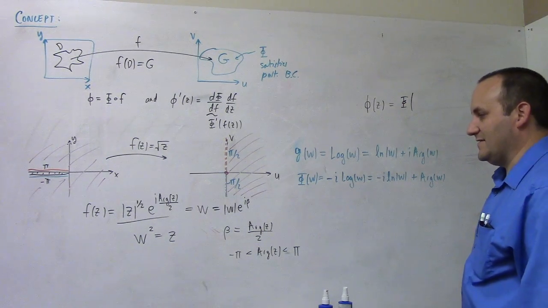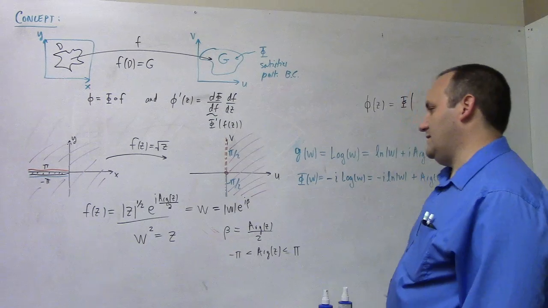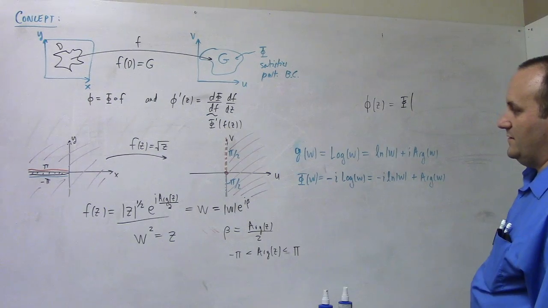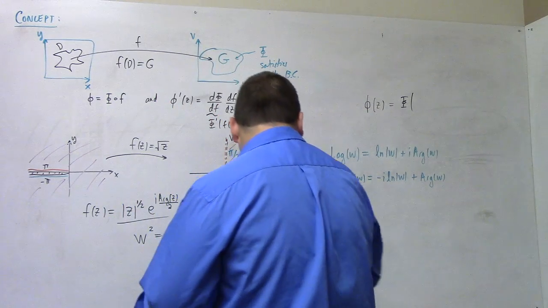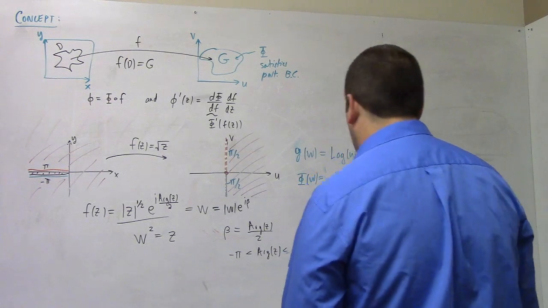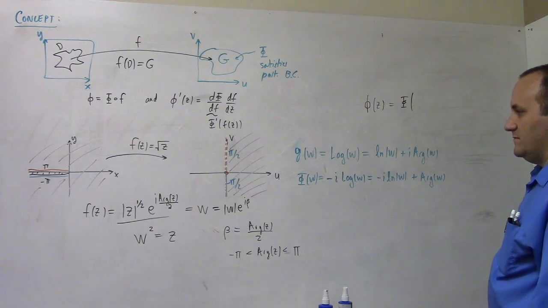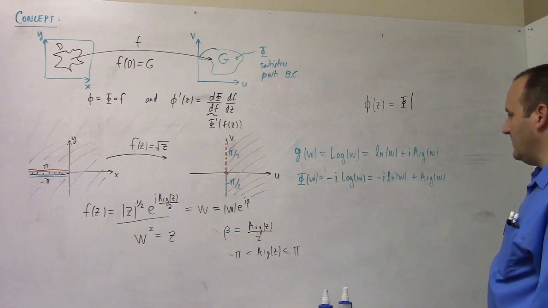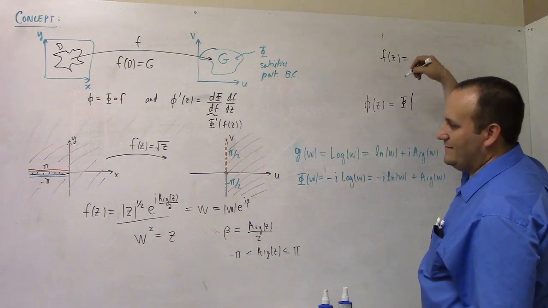It's a square root of z, not a z, so it's not that bad. The modulus is easy.